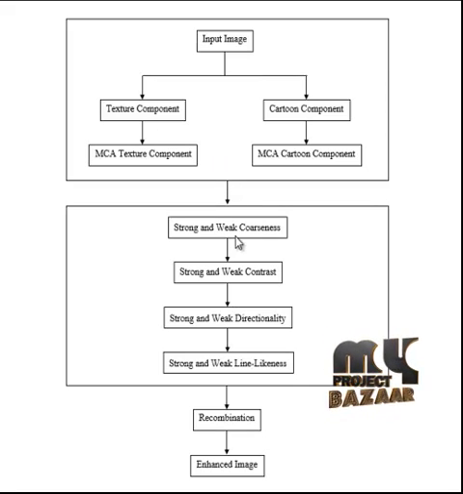Then we measure the texture characteristics based on the coarseness, contrast, directionality, and line likeliness measurements. While measuring these texture characteristics, we manipulate the images. The measurements obtained from the manipulated images are called the strong components, and the measurements obtained from the unmanipulated images are called the weak components.